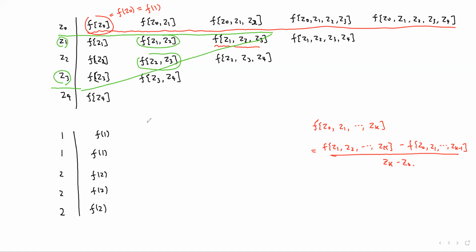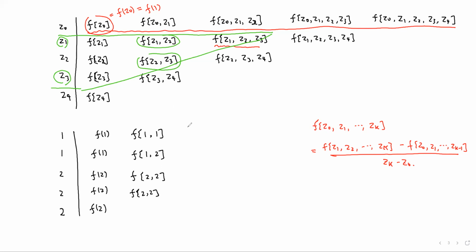How about this? Let me plug in the values for C0 and C1. So 1, 1, 1, 1. And here is 1, 2. This guy is 1, 2. This guy is 2, 2, and this guy is also 2, 2.